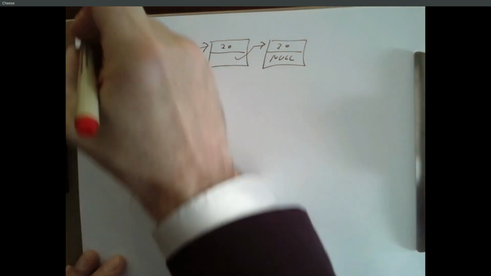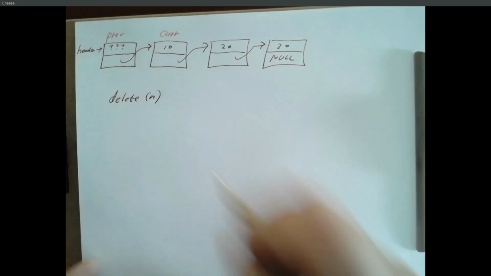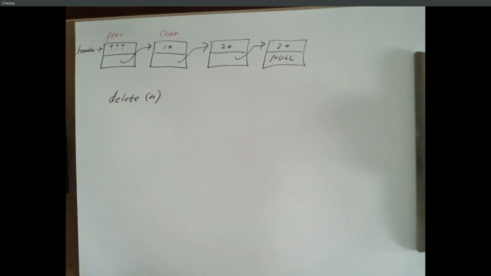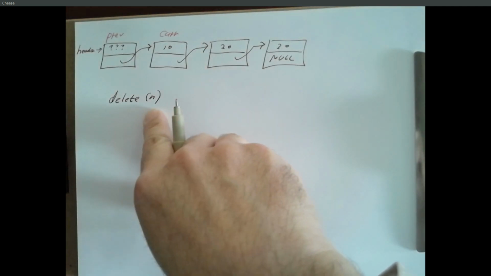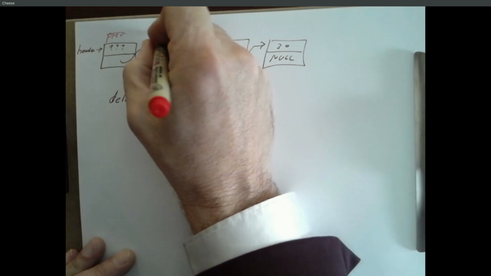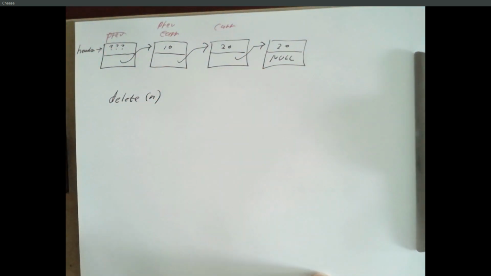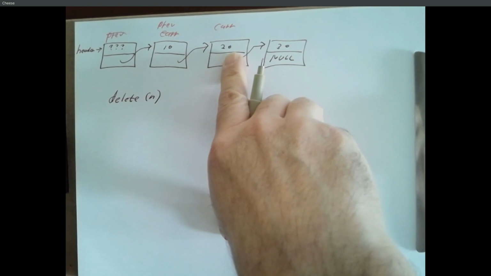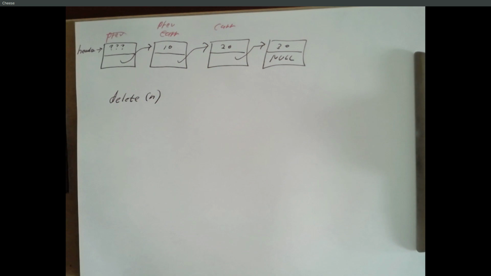So we're going to start off with previous being the Sentinel node, and current being the first actual data node. And we're going to check to see if current is equal to n. And if it's not, then we're going to move these forward, and see if current's data node is equal to n, and in this case it is, yes. Wouldn't we also have to know the next node, or could we just use that?